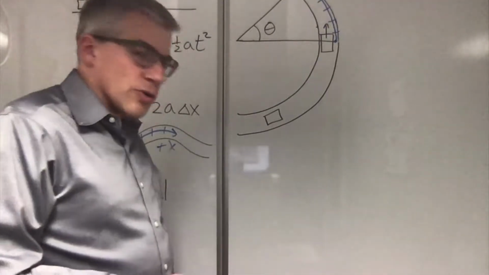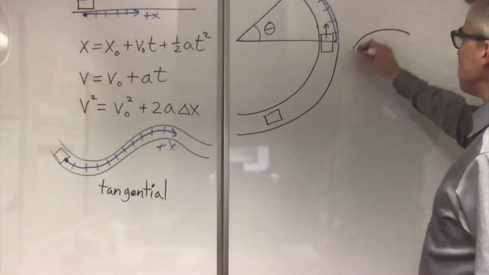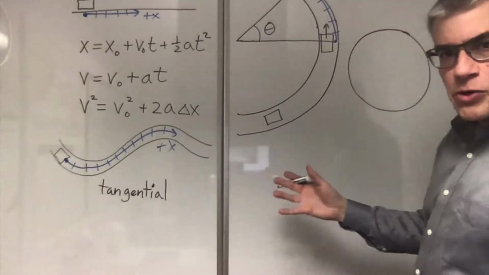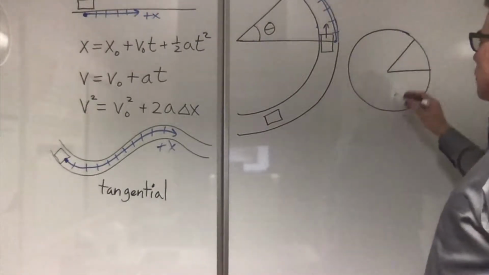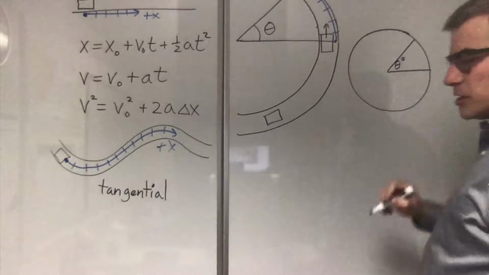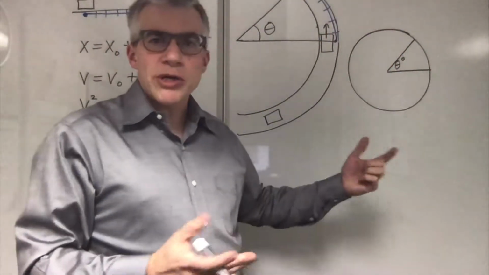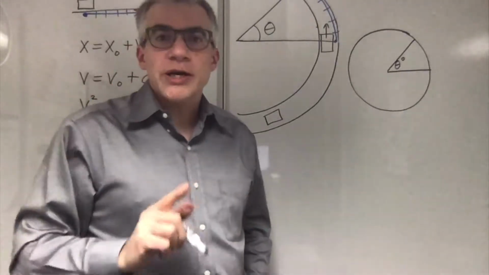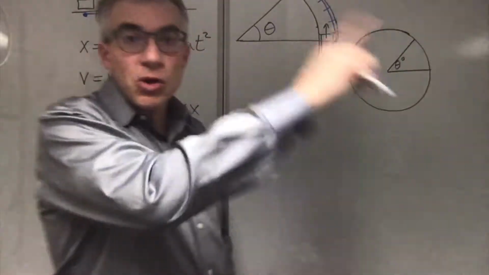Let's take a little detour into circle geometry, and we can figure this out. Now, even if you don't already know the formula, you can reason it out, because you can say, well, if I've got theta degrees here, and I don't know the formula for how long an arc is, there is one arc I do know. I know the circumference of a circle. I know the distance all the way around.